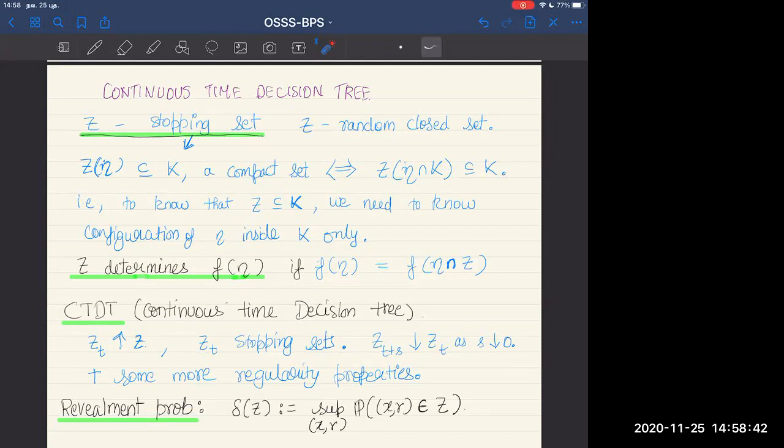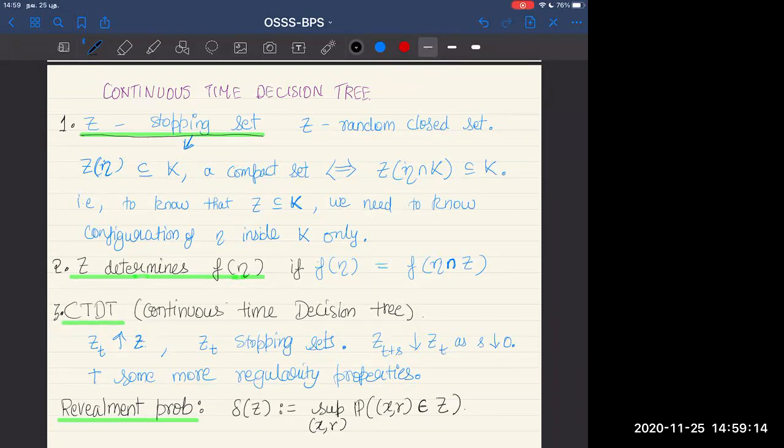And the second property I need, so this is 1, this is 2. To avoid confusion, Z determines f of eta if I can tell the value of f by only looking at eta inside Z. Remember, I cannot tell you the value of f by looking at any deterministic set, but maybe I can tell you the value by choosing a smart random subset.